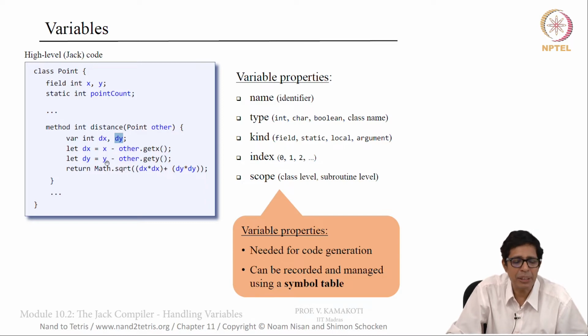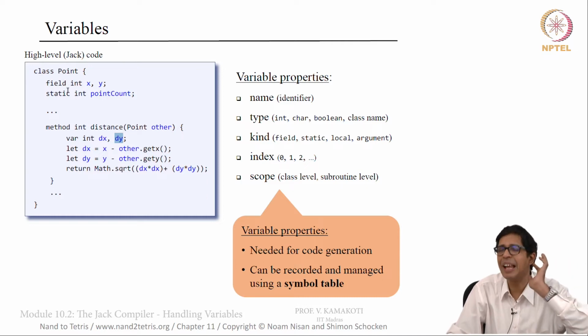The reason we distinguish them is that the symbol table for a method exists only while I am compiling that method, but the symbol table for the class exists while I am compiling all the methods.